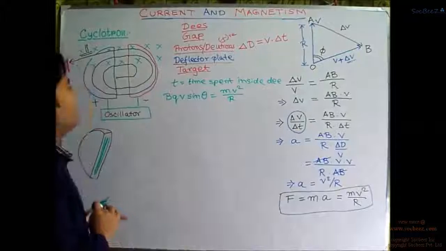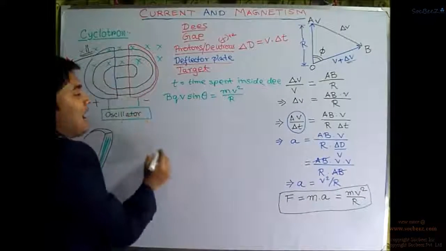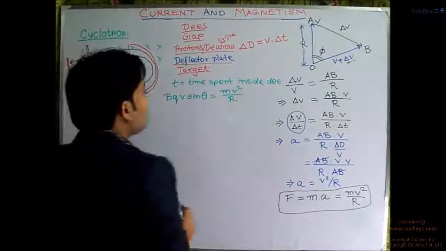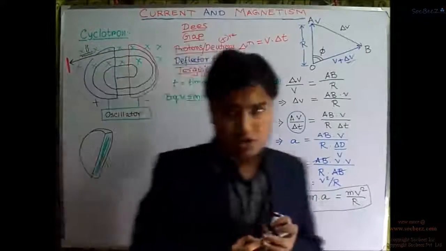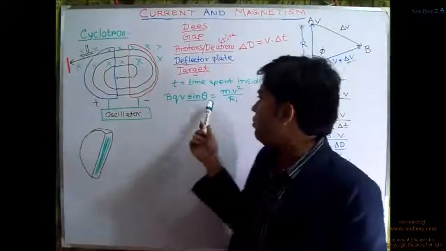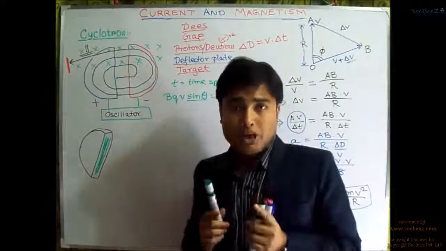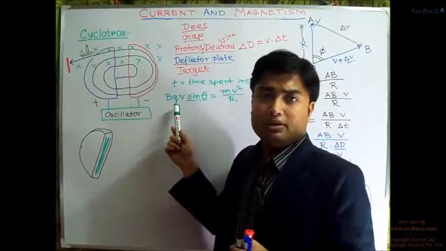Now say for example, this is the first r. We take it as r1, right? Now over here, closely observe the sine theta. This theta was for the Lorentz force, the angle between B and V, right?